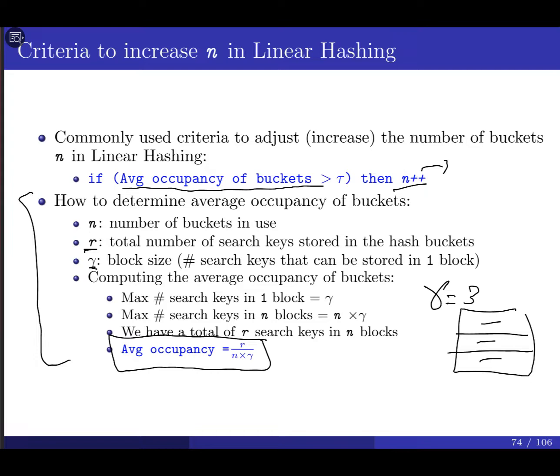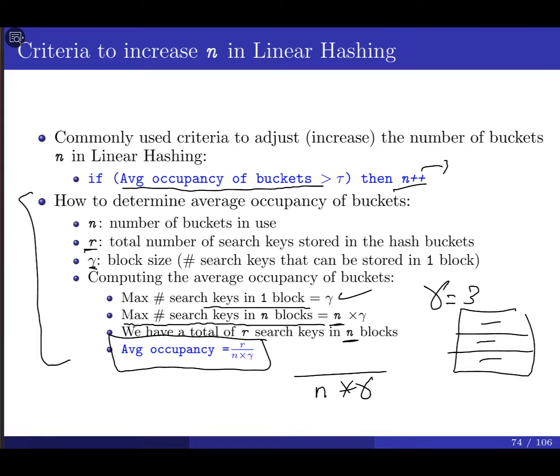Okay? Then I just need to follow this. I compute the maximum number of search keys that can be stored, and take a look at the maximum number of search keys in the block. In this case, you take the number of used blocks and multiply by gamma. Then you need to compute the total number of search keys stored in the whole index. Here, by the way, you're not going to include the overflow.